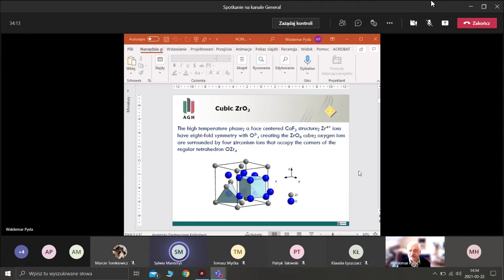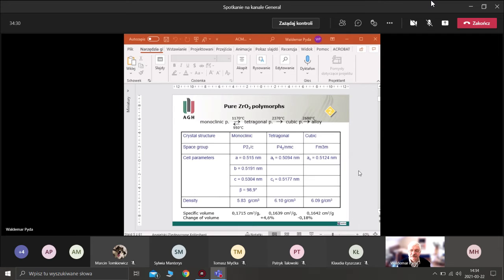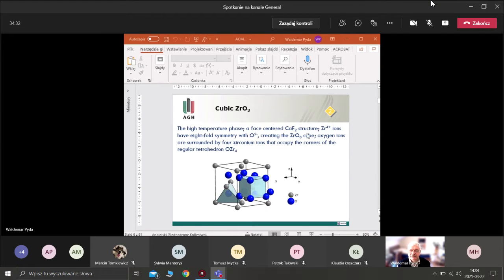I mean that they are 4+. I don't know how to say it in English, to be honest. The coordination of zirconia ions. Yes, zirconia ions have 8-fold symmetry. Okay, you mean coordination.